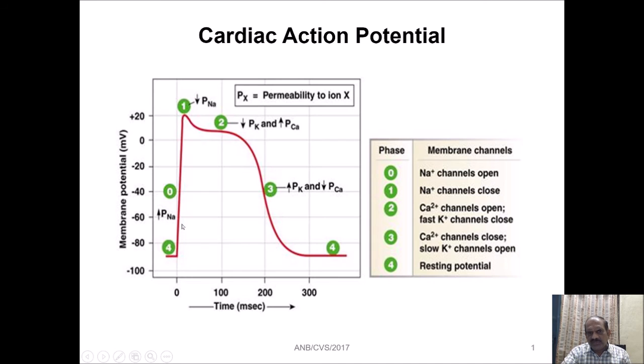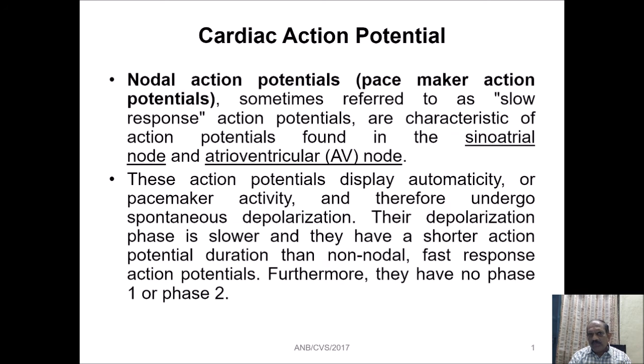The overall duration is approximately 100 to 300 milliseconds, starting from 0 milliseconds and ending at 300 milliseconds. Now this is a brief idea about the action potential which is produced in the cardiac muscle.